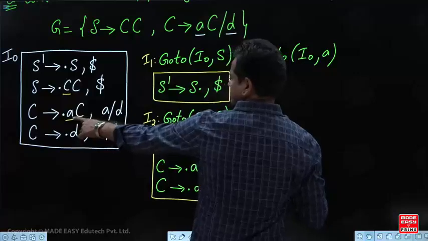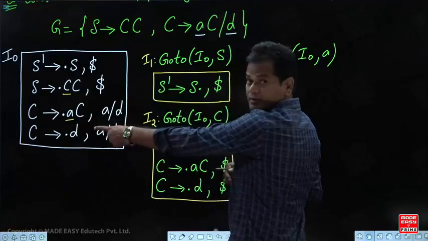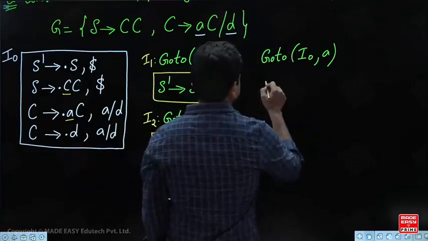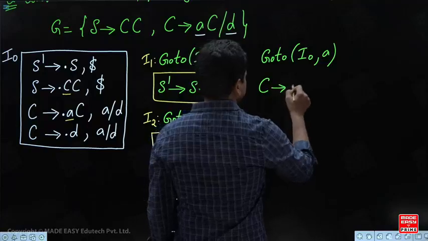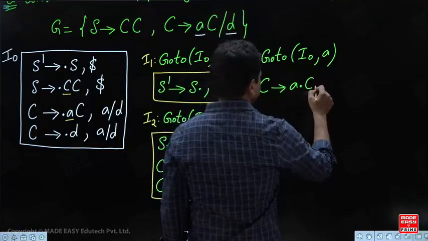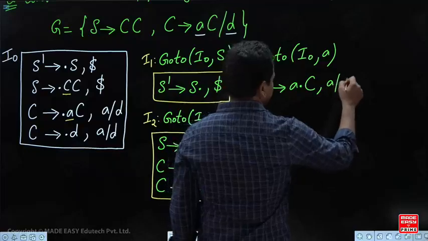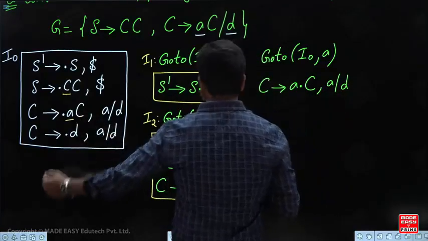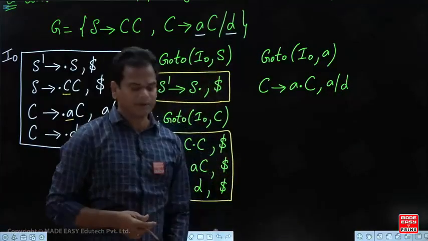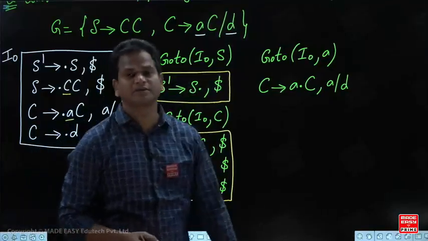Hello, this one. Are you following? This one. Now, C derives A dot C and A or D. Just move the dot. Yes, I have moved the dot.